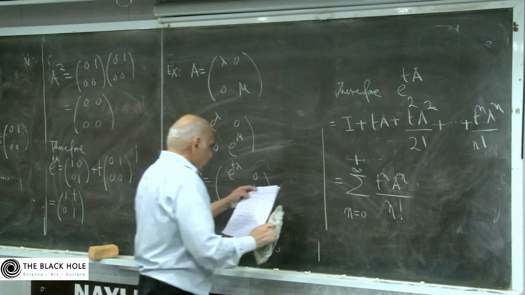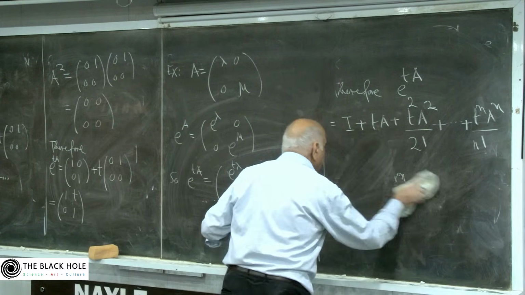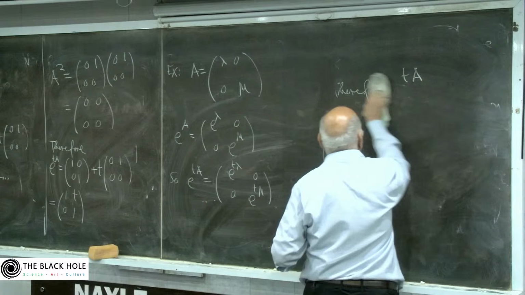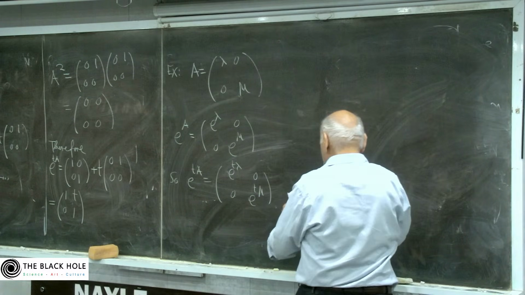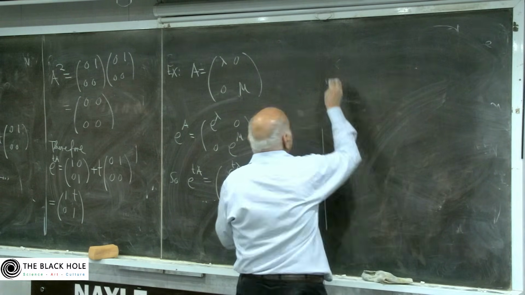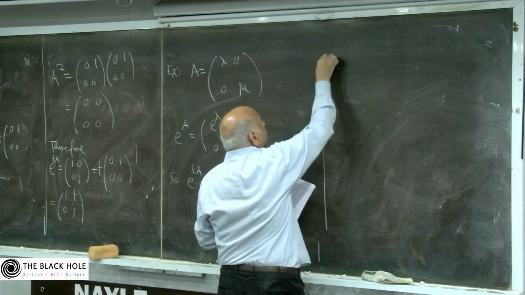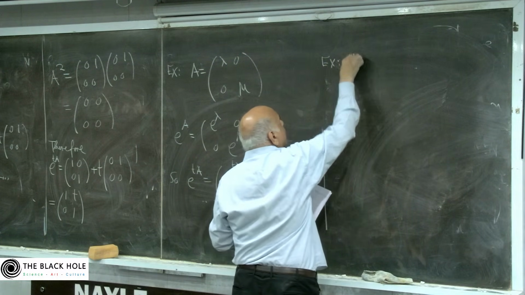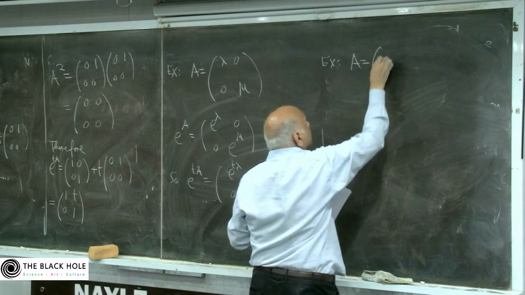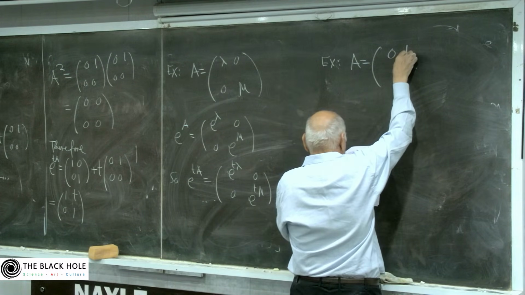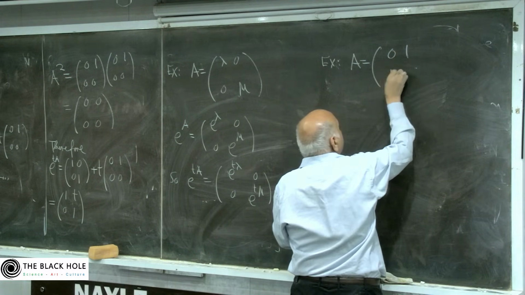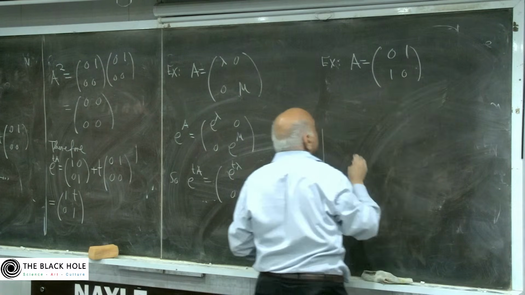And the next two examples I'm going to leave for you as homework. A is equal to 0 1, 1 0, right?